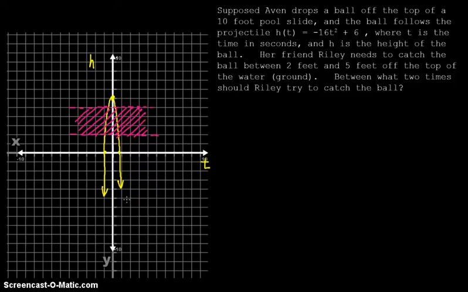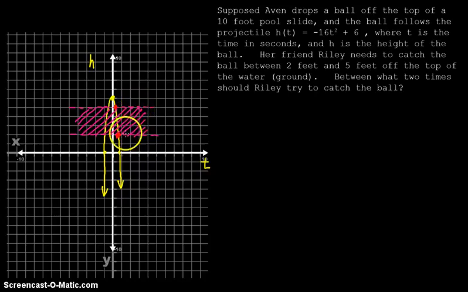It's all right. Now her friend Riley needs to catch the ball between 2 and 5 feet off the top of the water. So between what 2 times should Riley try to catch the ball? In this case, you would actually have an easier time just solving this like it was a quadratic equation, because really, what are you trying to do? You're trying to find out what the t is for this height right there and this height.